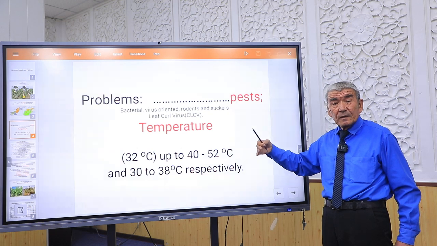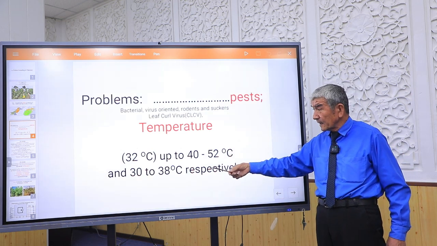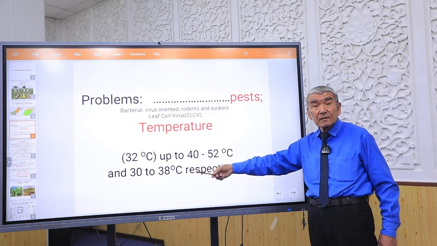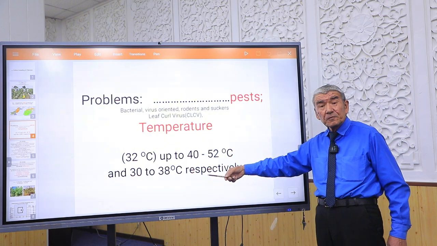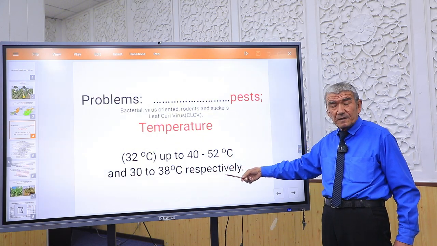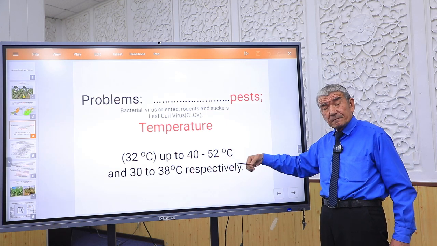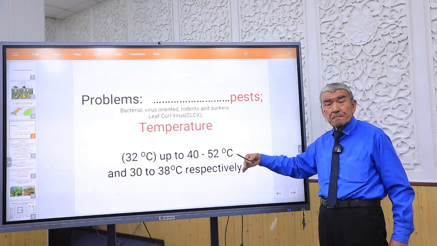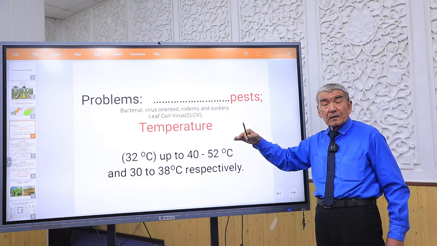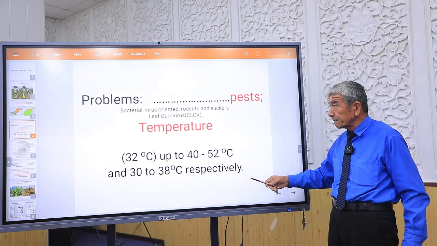Whoever grows cotton knows that above 15 centigrade at night time negatively affects, in particular, the setting of seeds. So it leads to decreased productivity of the cotton plant.